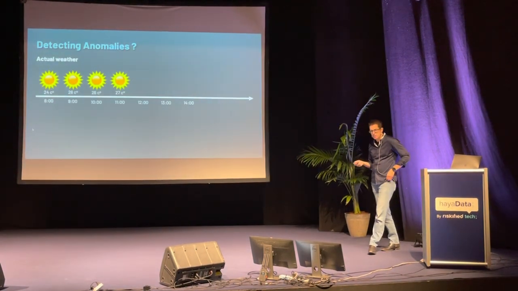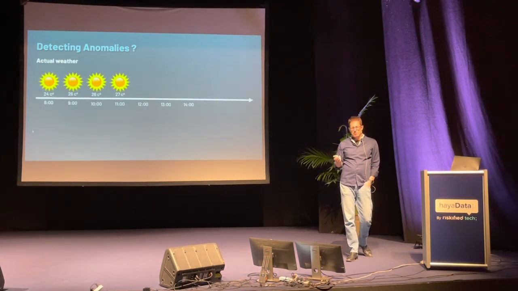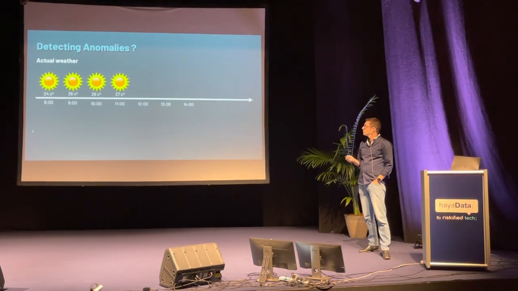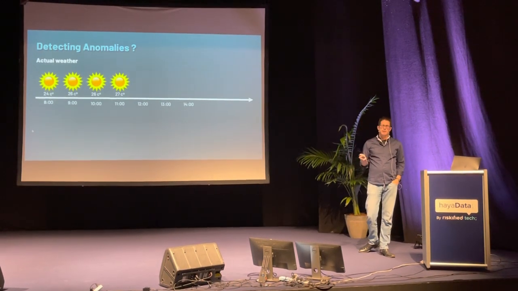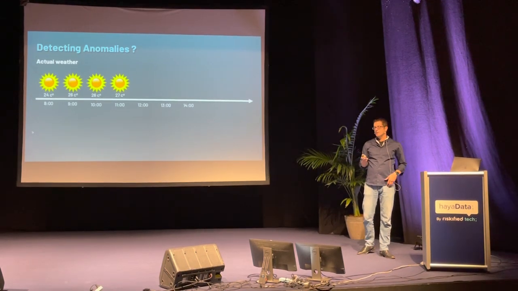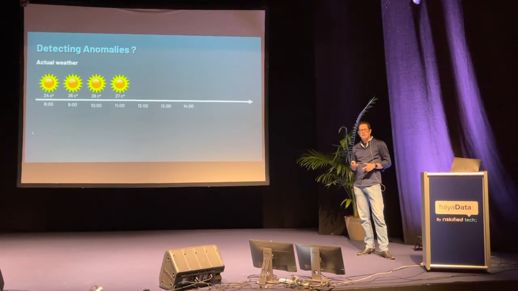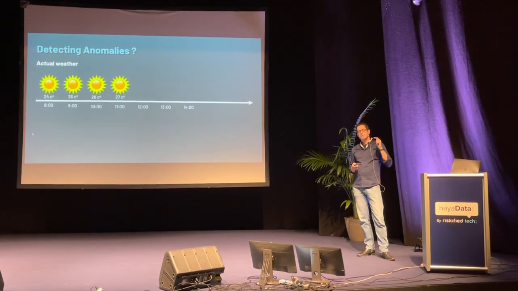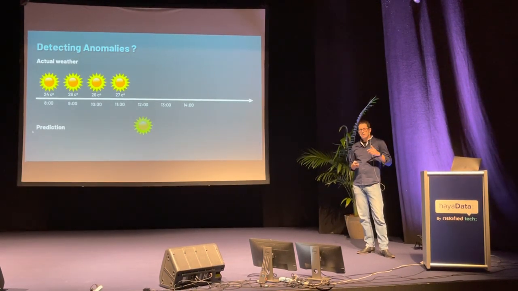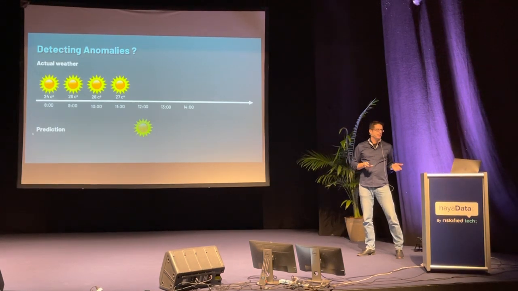All right, so let's look at an example of weather. Let's say I'm tasked with predicting the weather at noon. What I can do is look at the weather in the last hours and see that it was really sunny and warm, just a nice day. And what I would probably predict for the weather in the next hour is that again, it's probably going to be sunny and warm.